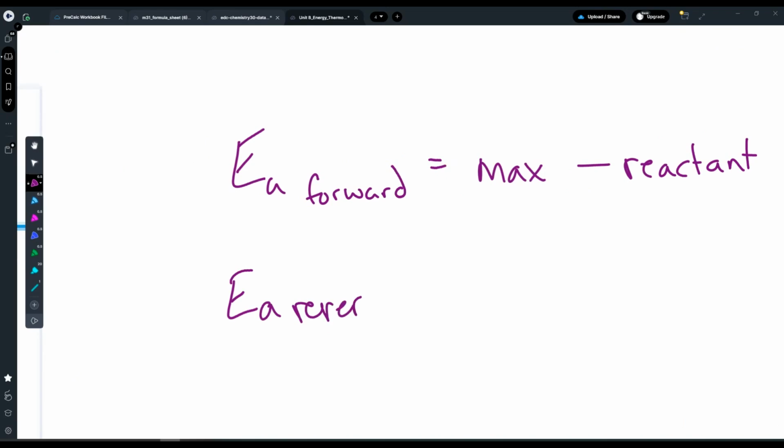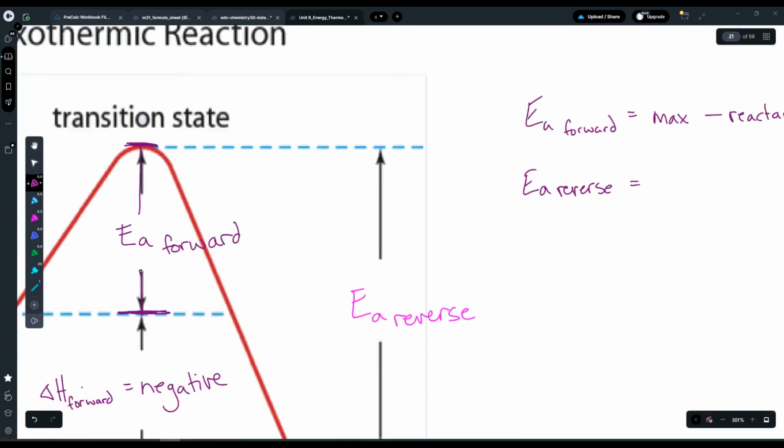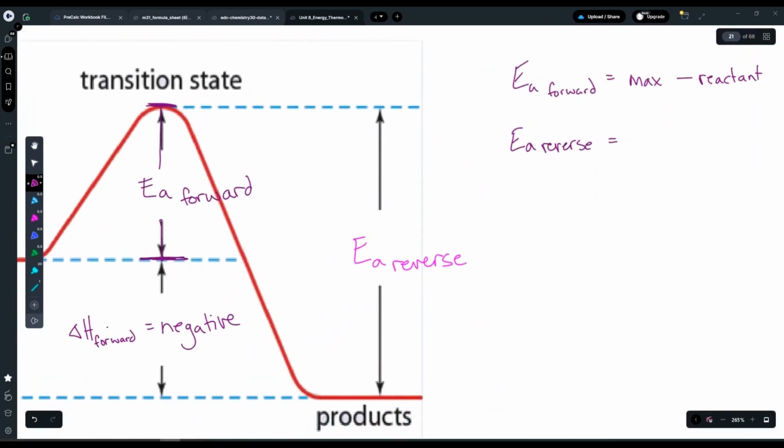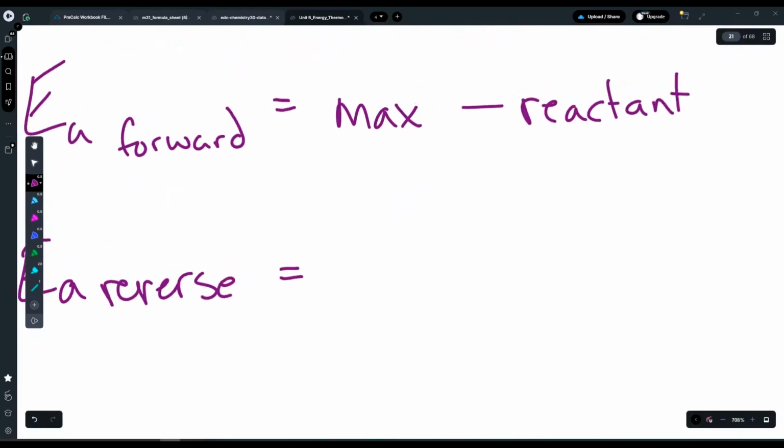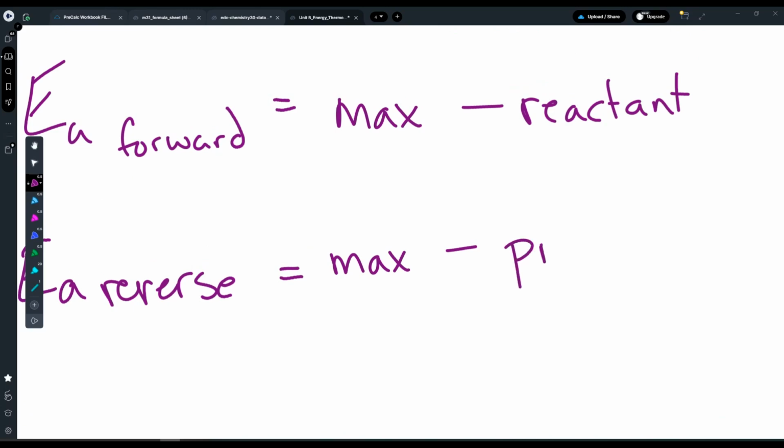For our activation energy for the reverse, we'll be doing something very similar. We take our max potential energy and subtract the potential energy of the products.